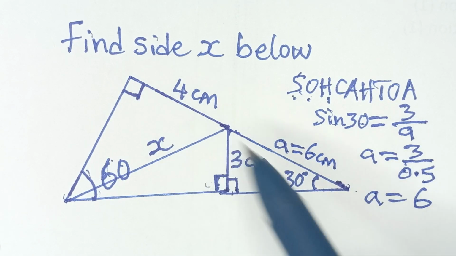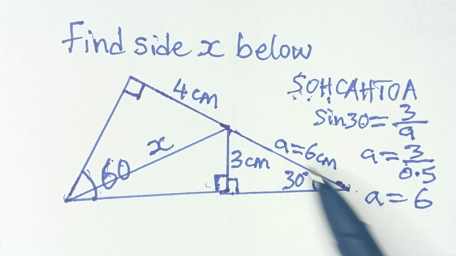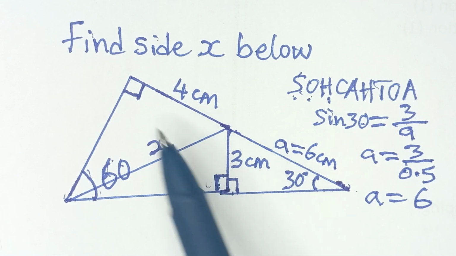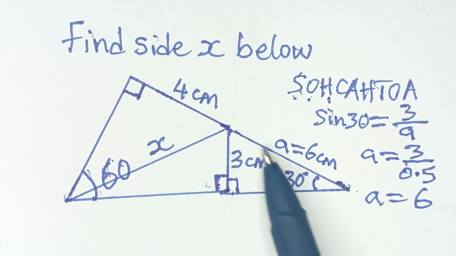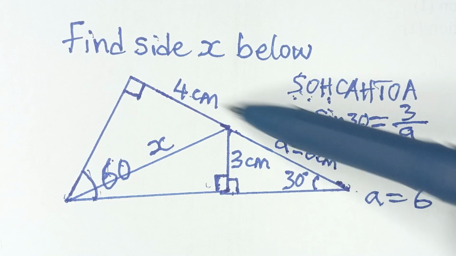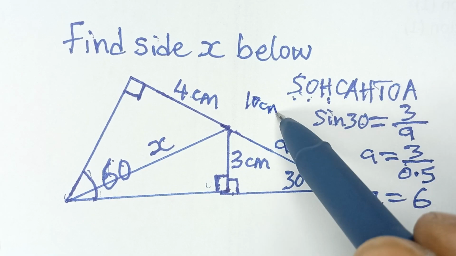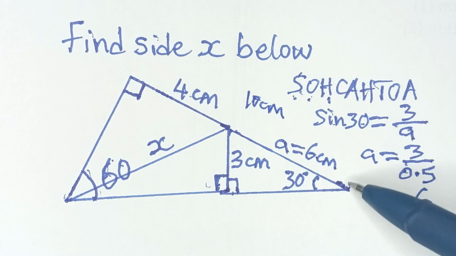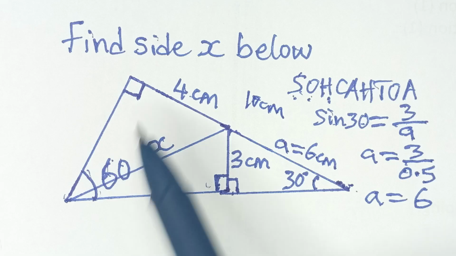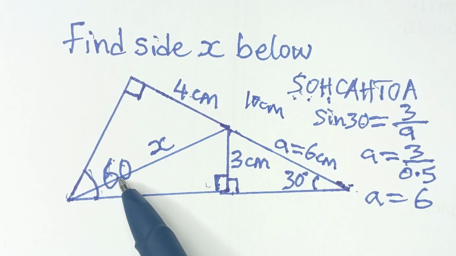Now that we have A, we can come back to this large triangle. In this large triangle, we know this side as 10 centimeters because this is 4 plus 6. So we now know this full length as 10 cm. Then we know this full angle in the large triangle is 60 degrees.